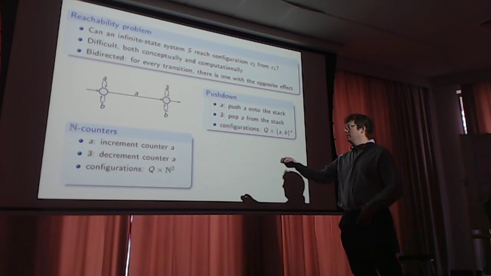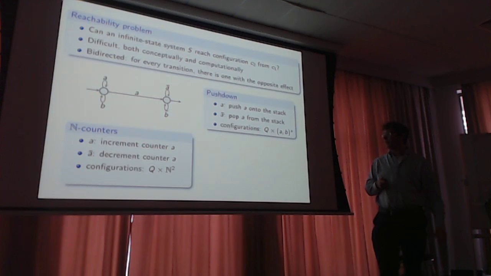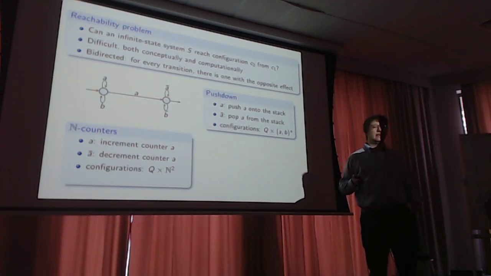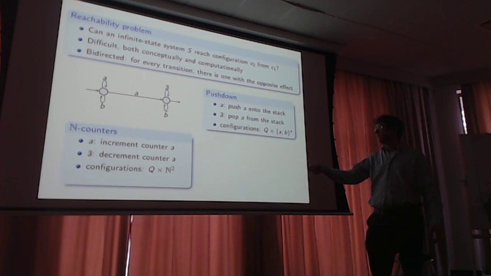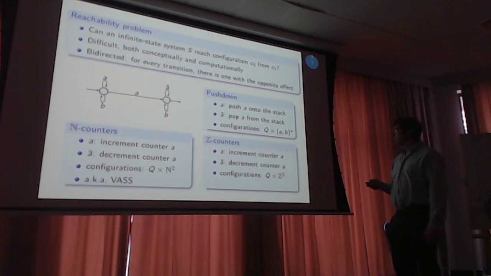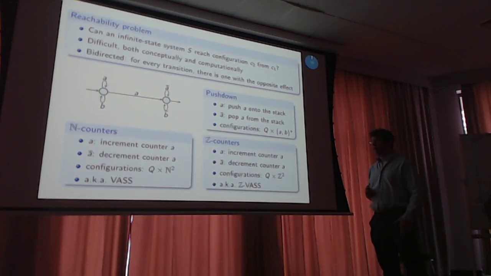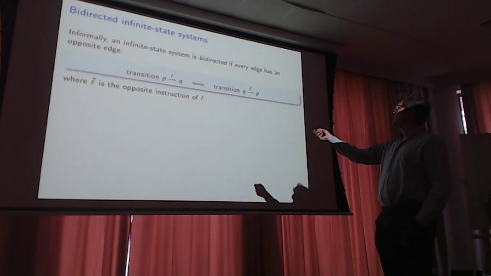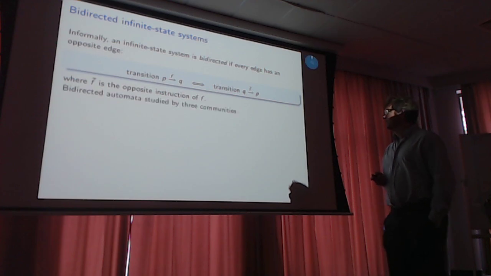For counters, or in other words, VAS, you can interpret the A as an increment to counter A, and the A bar as a decrement, and then again you can say what it means to be bidirected. Here you have configurations in natural numbers, and you can do the same thing with Z counters. Bidirectedness makes sense as well. So bidirected means for every transition, there's an opposite transition.